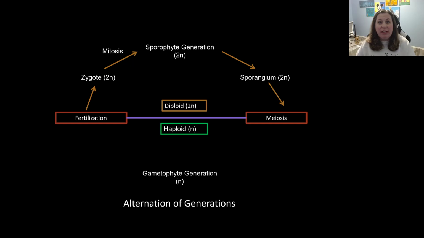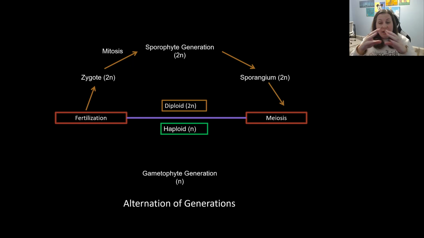This sporophyte generation is going to also create what we call sporangium. Sporangium also contain 2N. They're a special structure on the sporophyte generation, and they are responsible for this area doing the process of meiosis. So you'll notice it's pointing towards meiosis. Now meiosis, guys, is when we are separating into egg and sperm.